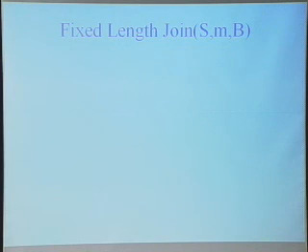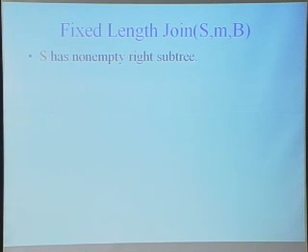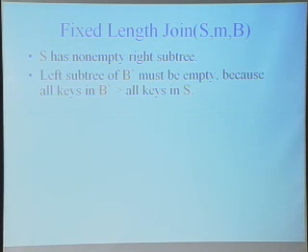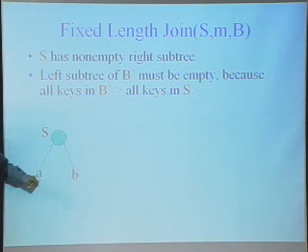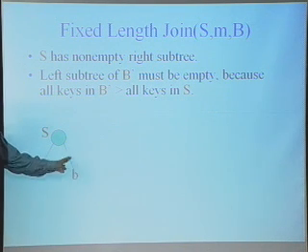All right, so let's look at the second case, where S has a non-empty right subtree. If S has a non-empty right subtree, that means it's got some keys that begin with a 1.